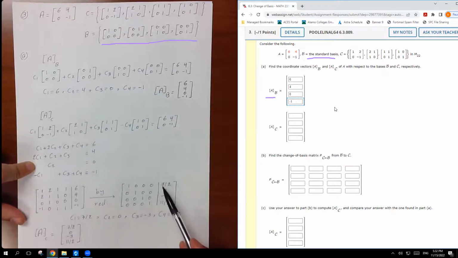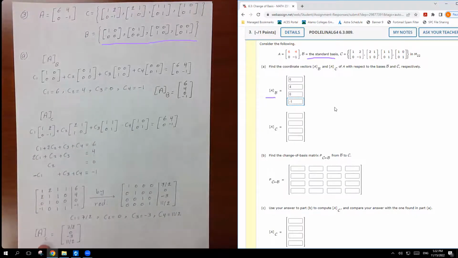That means C1 is going to be 7 over 2, C2 is 0, C3 is -3, and C4 is going to be 11 over 2. So the coordinate vector A with the base C is going to be 7 over 2, 0, -3, and 11 over 2.